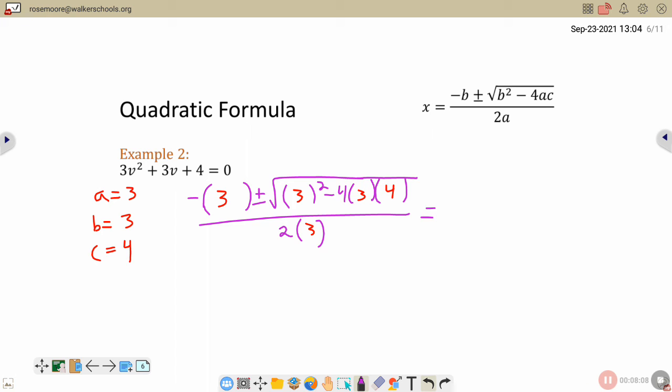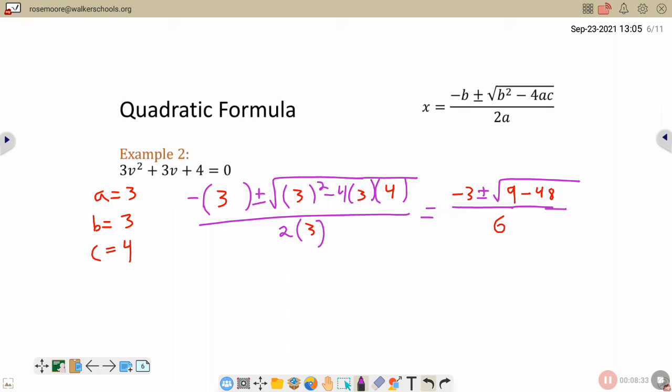Now we're going to make things a little prettier. Opposite of positive 3 is going to be a negative 3 plus or minus our square root. 3 squared is 3 times 3, which is 9. And then we'll have negative 4 times 3 times 4, which is negative 48, all over 2a, which is 6.